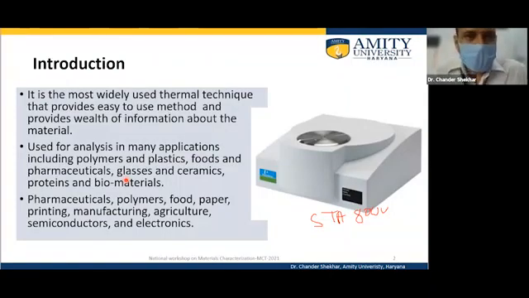Materials that undergo any transformation in response to a change or increase in temperature can be characterized, and transformations, transitions or reactions can be looked at by this technique.